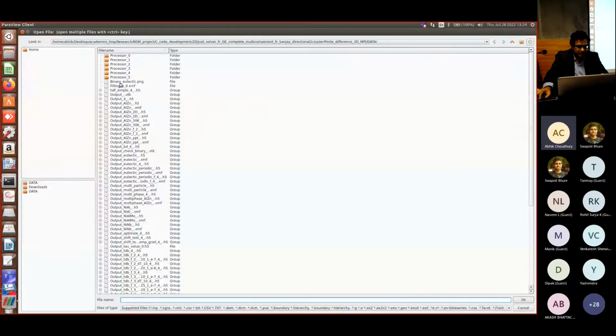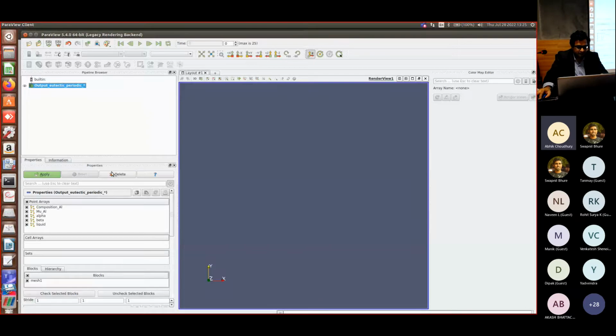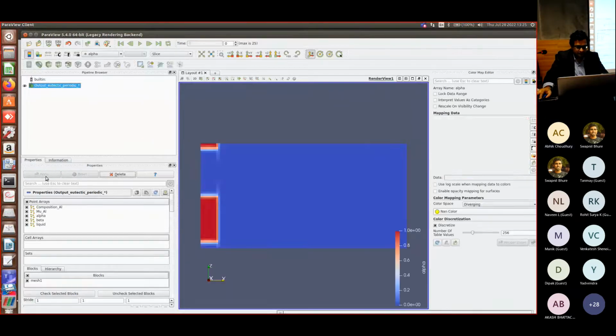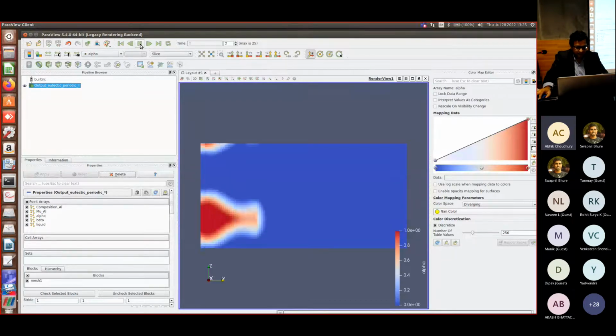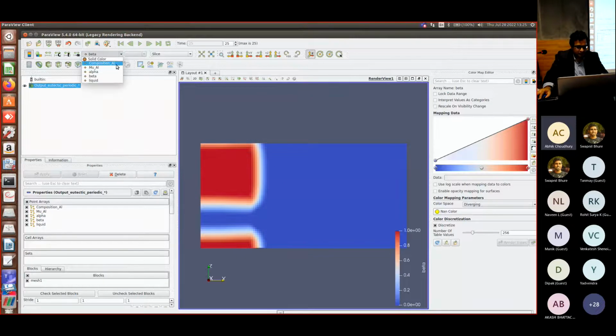So what you should get is something that will be evident here. So the same filling. So I'll play. So this is what will happen. You can plot the different phases. So alpha, beta, and you can plot the composition field.